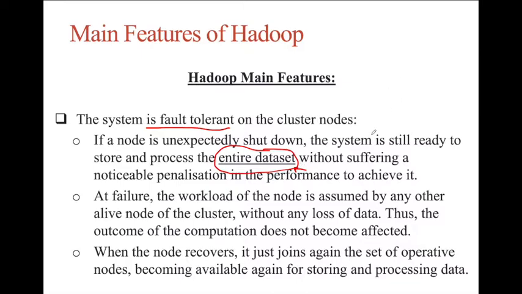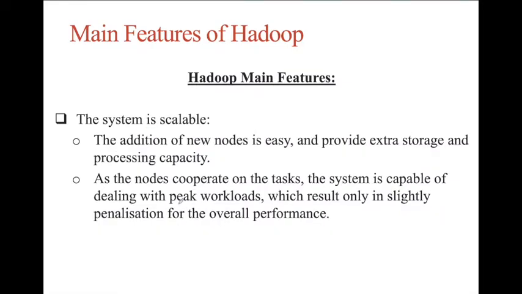That's because of the structure that we use in Hadoop. What we are going to be doing is we are going to distribute the workload of that particular node to the other machines that are still working. And then once the machine comes back, we redistribute all the information again. That's one of the main features of Hadoop.